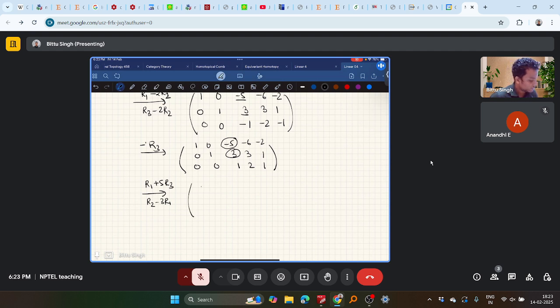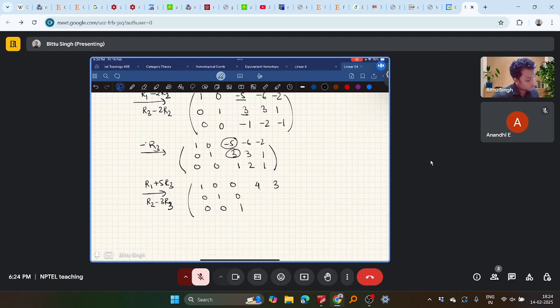So we'll get the identity matrix on the left side, 1 0 0, 0 1 0, 0 0 1. And now for R1 plus 5 R3, minus 6 plus 10 is 4, and minus 2 plus 5 is 3. Similarly, R2 minus 3 times R3.